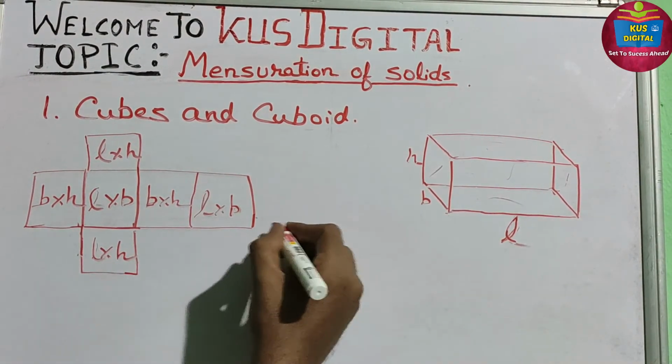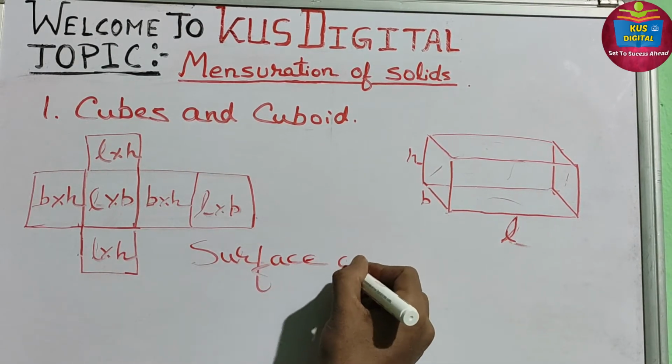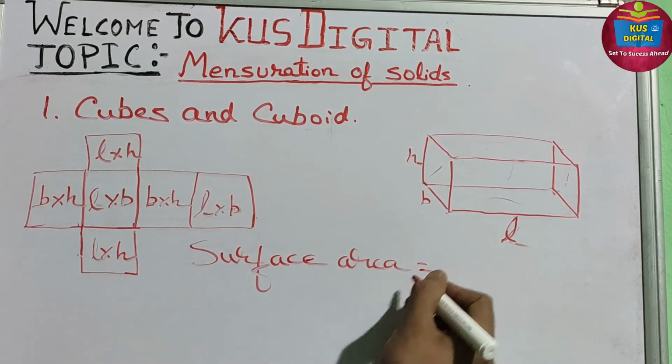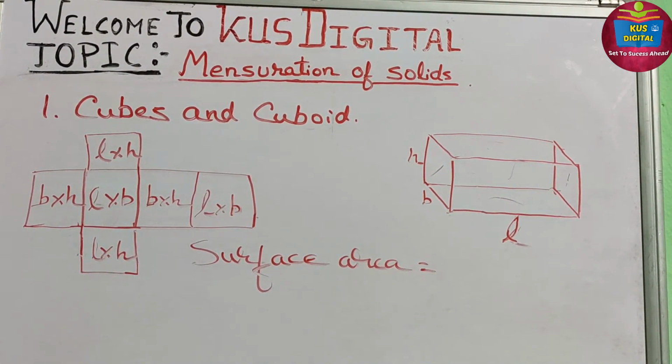Surface area is thus: look, there are 2 surfaces with area breadth into height, 2 surfaces with area length into breadth, and 2 surfaces with area length into height.